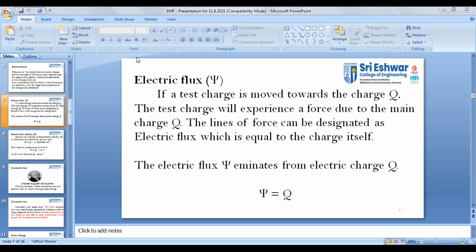The lines of force can be designated as electric flux, which is equal to the charge itself. Have you got the point?